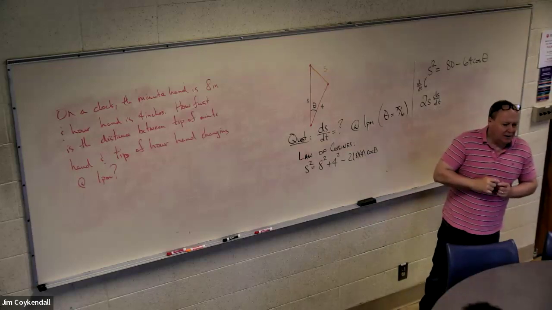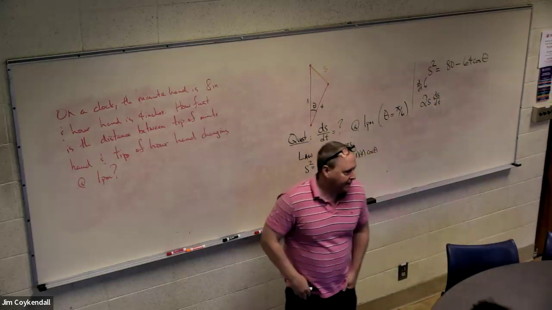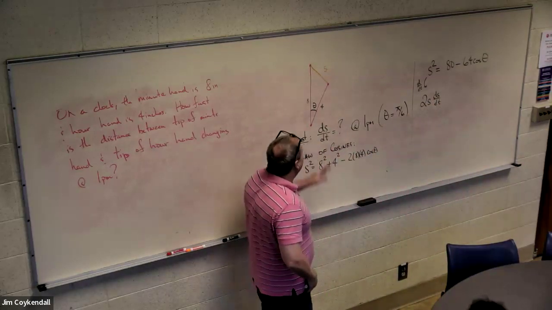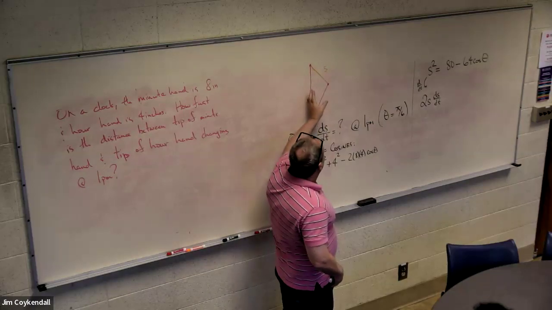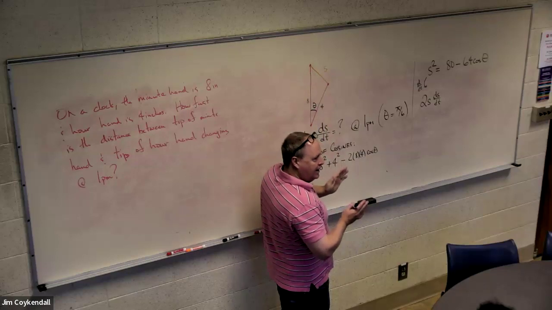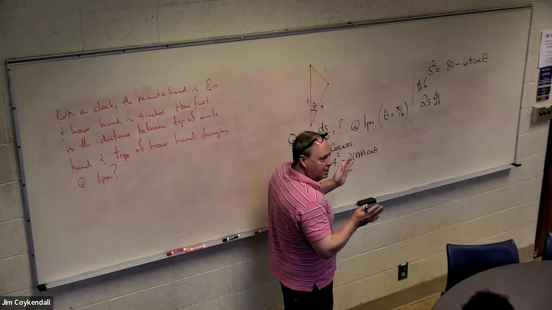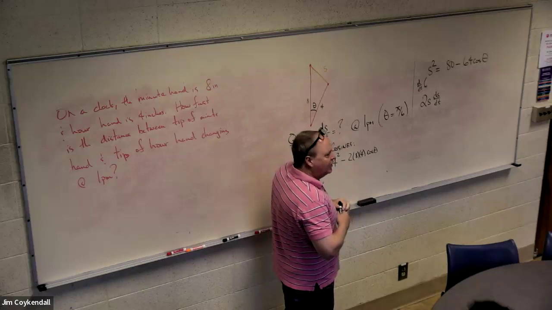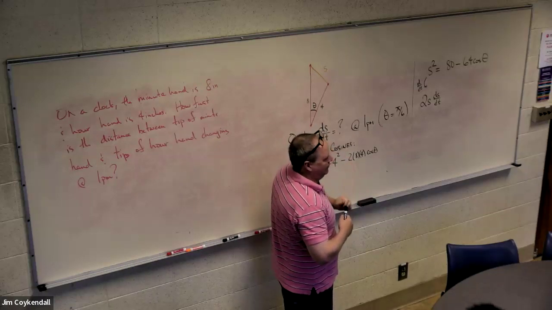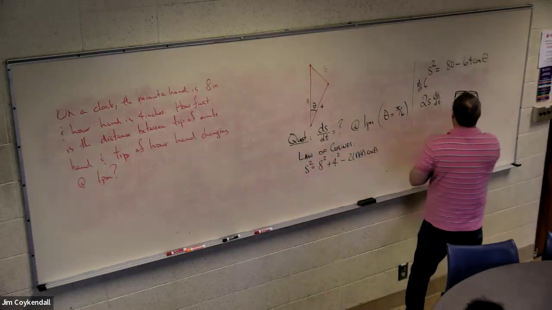Do you expect dS/dt to be positive or negative? So at 1 o'clock, is the distance between the tip of the minute hand and the tip of the hour hand getting closer together or further apart? Closer together. So I would expect dS/dt to be negative. Let's see what happens here.